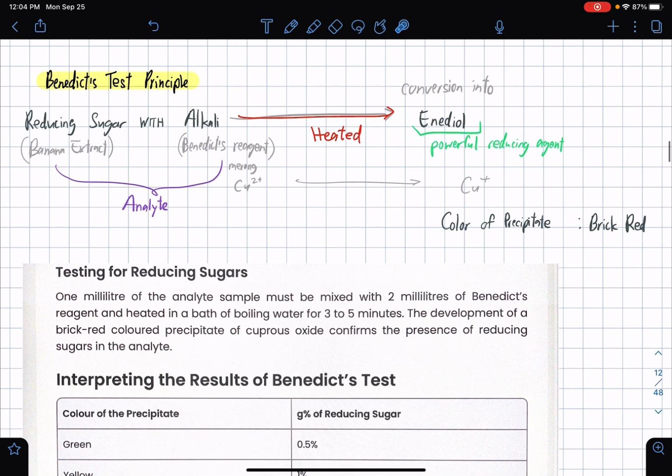So this is the Benedict's test principle. These are called analytes, the banana extract, which is a reducing sugar, and the alkali, which is basically the Benedict's reagent, containing Cu raised to 2 plus. I think this is cupric, and Cu plus is basically cuprous.